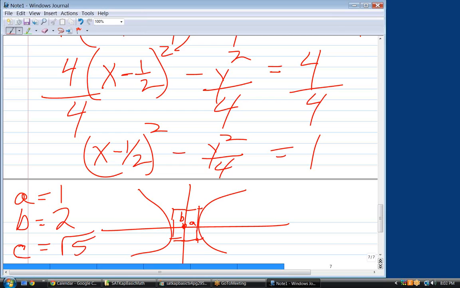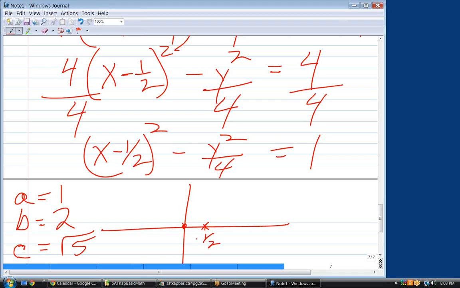And that's everything we need. We don't need anything more. We know where the center of our hyperbola is. It's at 1/2, comma 0. I know we're running over a little bit, so let me just finish this up real quick. First of all, let's start from 1/2.